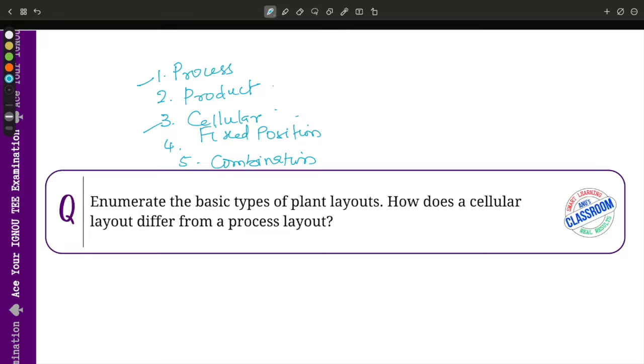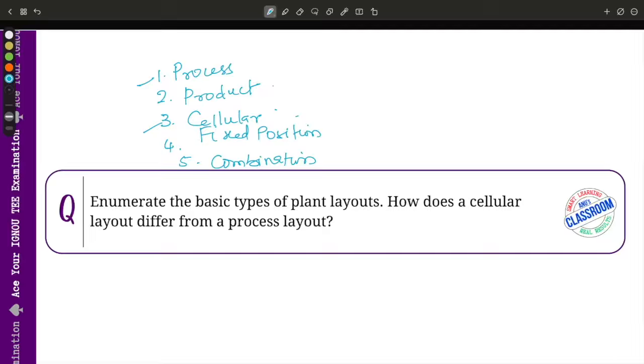Process layout offers flexibility for different products, but it might involve longer material flow and higher work in progress inventory as well. When you come to cellular layout, it improves efficiency by minimizing the transport time and reducing the work in progress inventory. It often uses higher automation as well.